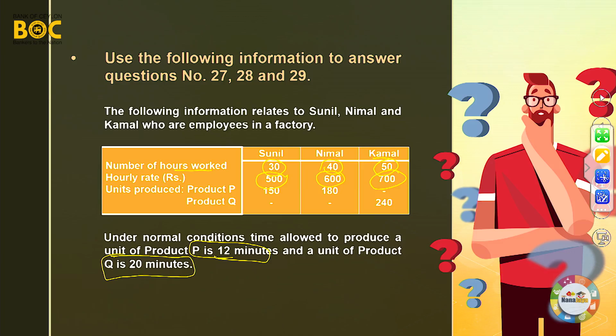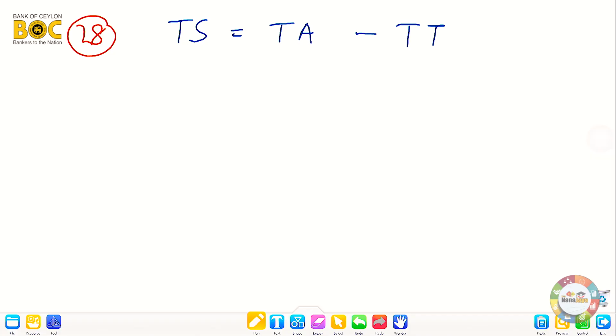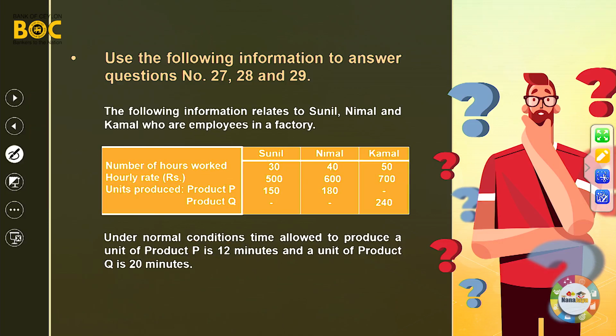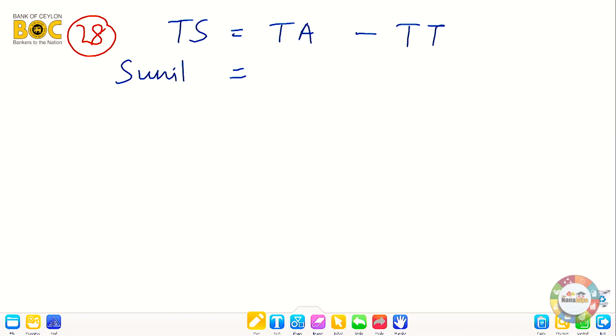Time allowed. Mr. Sunil has completed product P, 150 units. Per unit you allow 12 minutes.